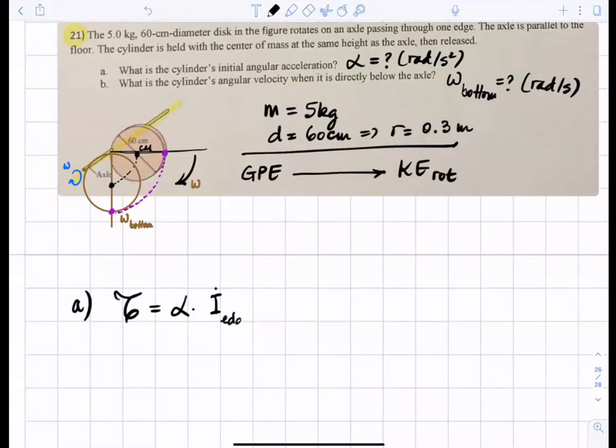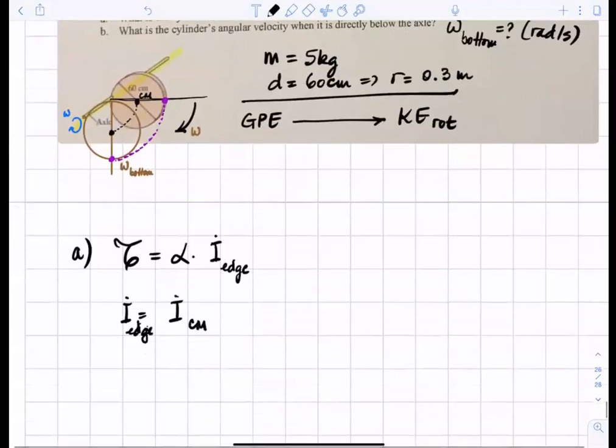At the edge of the disk, you have the I of the center of mass of the whole disk or cylinder plus m times d squared, because the whole diameter matters here when the top point 1 becomes 2, right? Goes from 1 to 2, something like that.